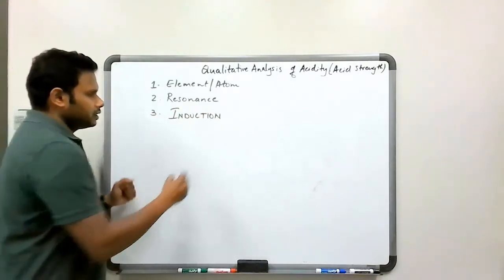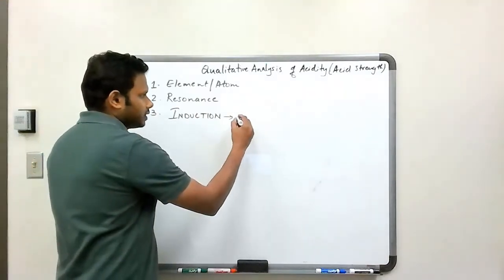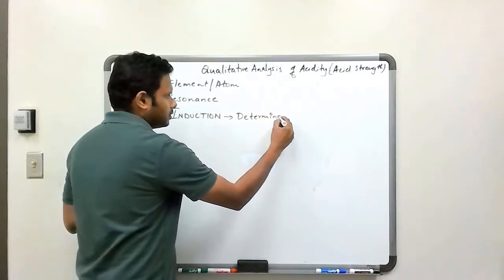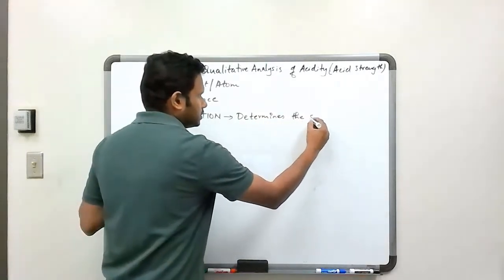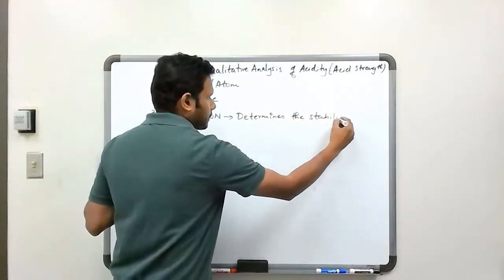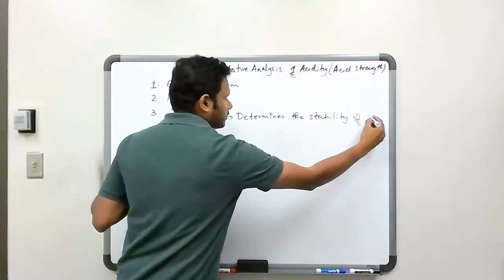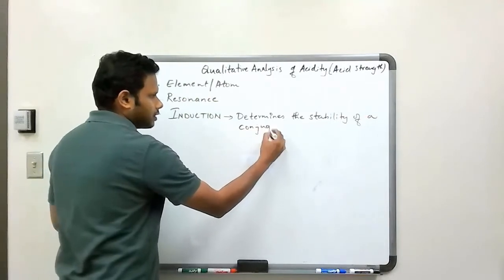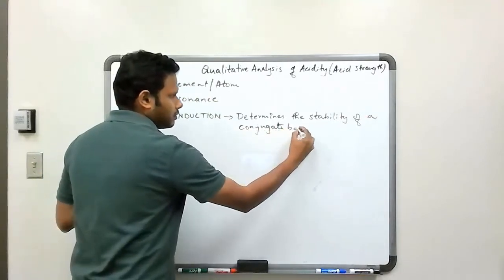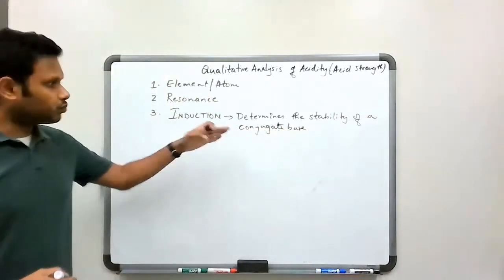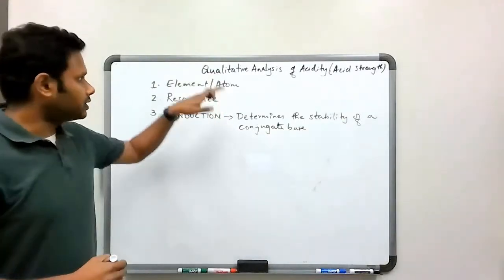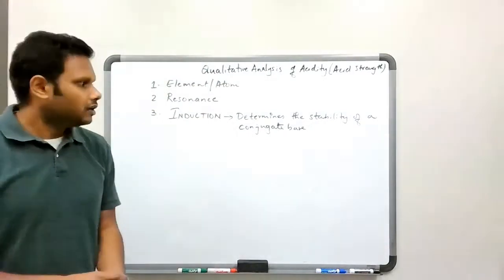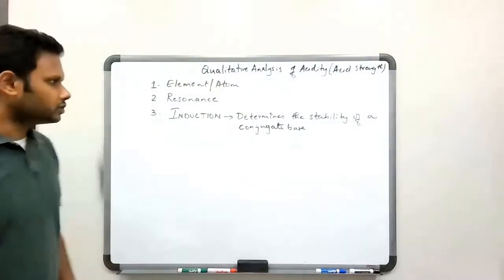Again, this is something that determines the stability of a conjugate base. That is what we use these factors for, whether it's atom or element effects or resonance or induction. We're going to use these for determining the stability of the conjugate base.